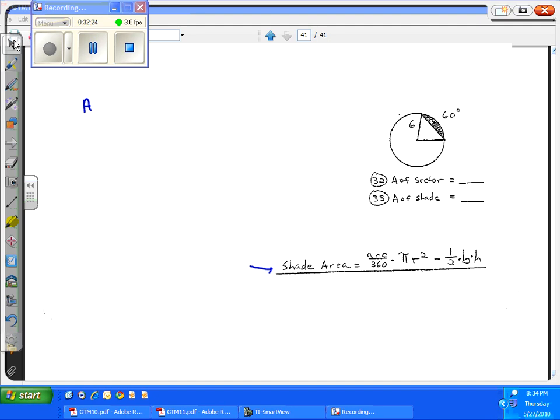Area is equal to arc measure 60 over 360 times pi, which is 3.14, times the radius, which is 6 squared. There's the area of the sector, minus the triangle, which is 1/2 times its base, which we don't know, times its height, which we don't know. So we've got to find the base and height.